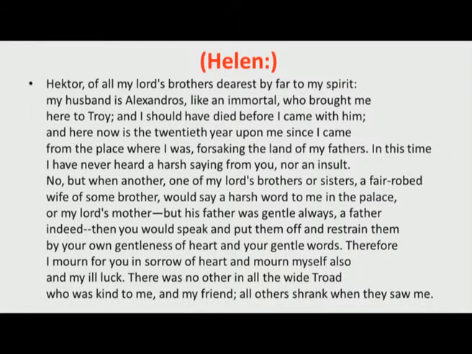No, but when another one of my lord's brothers or sisters, a fair-robed wife of some brother, would say a harsh word to me in the palace, or my lord's mother, but his father was gentle always, a father indeed, then you would speak and put them off and restrain them by your own gentleness of heart and your gentle words. Therefore I mourn for you in sorrow of heart, and mourn myself also and my ill luck. There was no other in the whole wide Troad who was kind to me and my friend. All others shrank when they saw me.